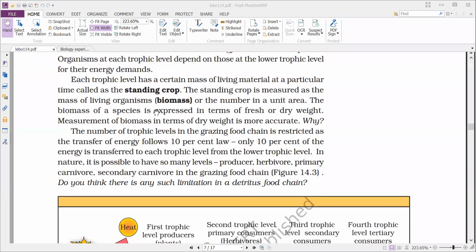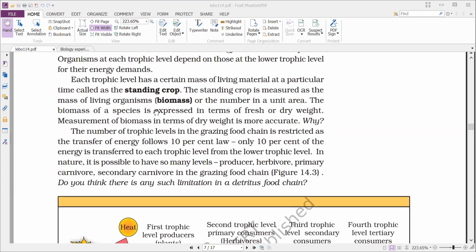That is, the herbivores depend on the producers, primary carnivores on the herbivores, and secondary carnivores on the primary carnivores. Like that, they're depending.